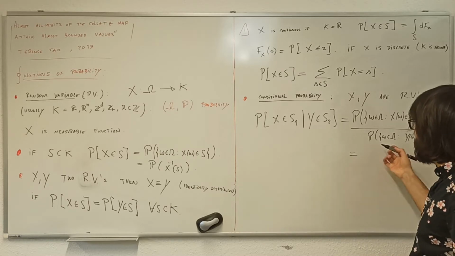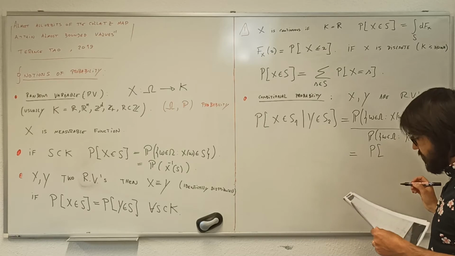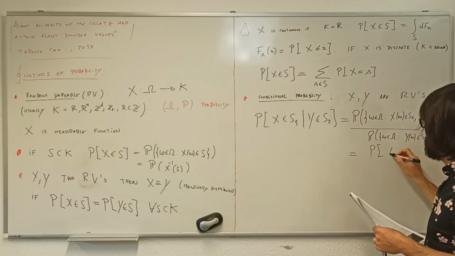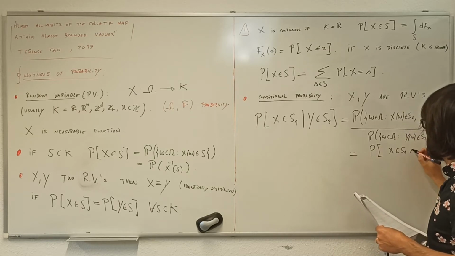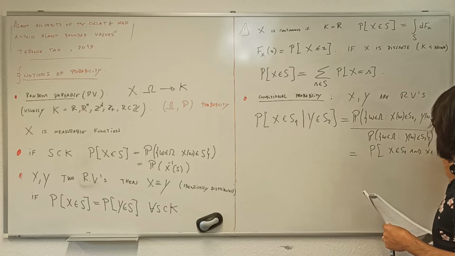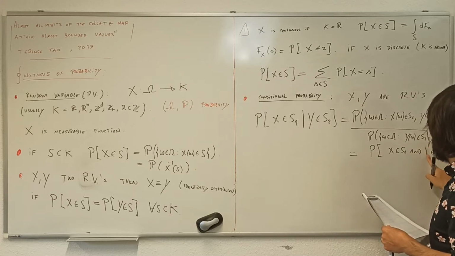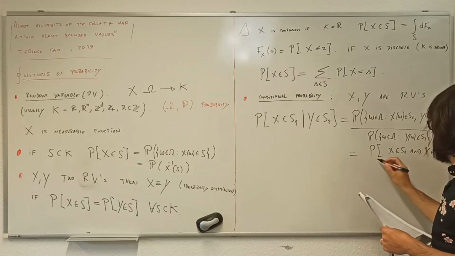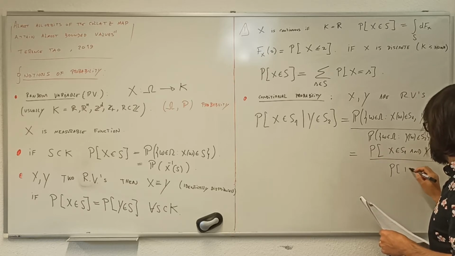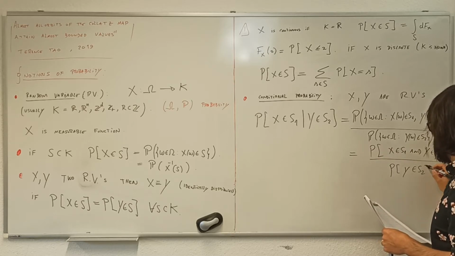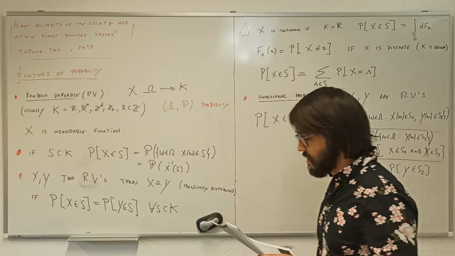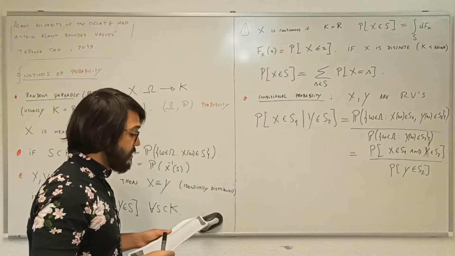So in another way, you could just say that's the probability of X in S1 and Y in S2, divided by the probability of Y in S2. Okay, that's the conditional probability.